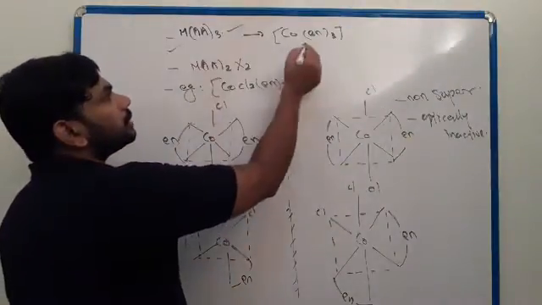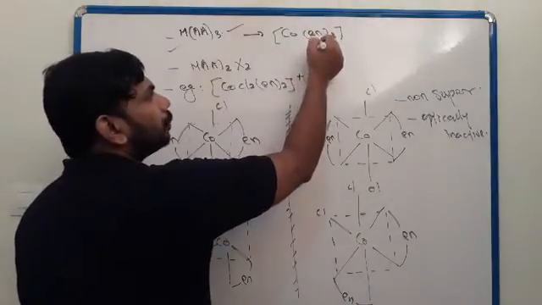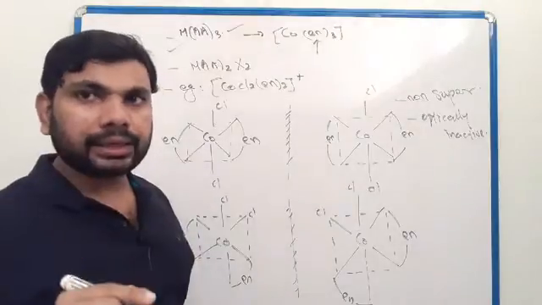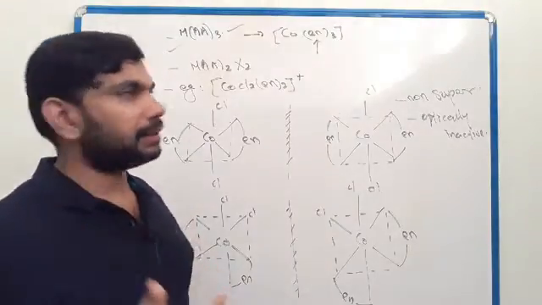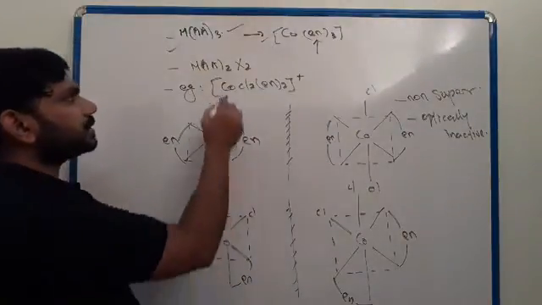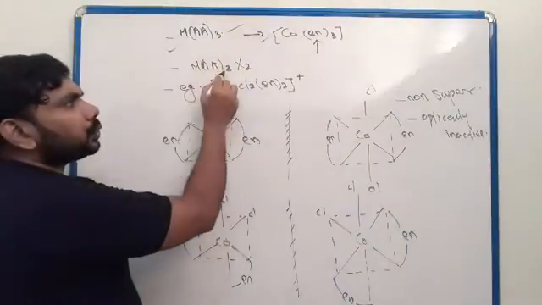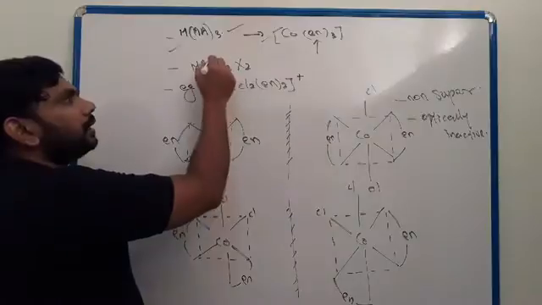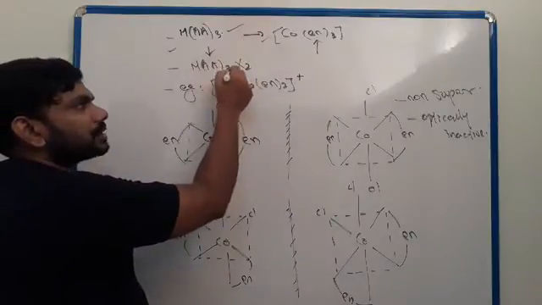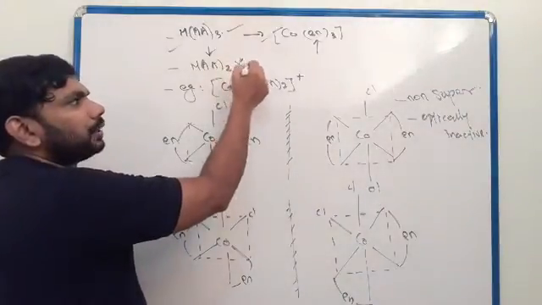We already discussed this type of isomerism, MAA3, which means one bidentate ligand repeating 3 times. Next we have to discuss MAA2X2. MAA2X2 means one bidentate ligand repeating twice and 2 other ligands.